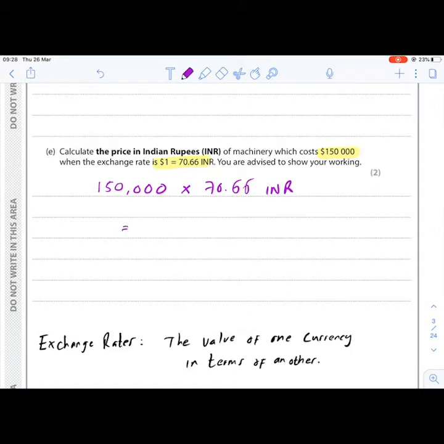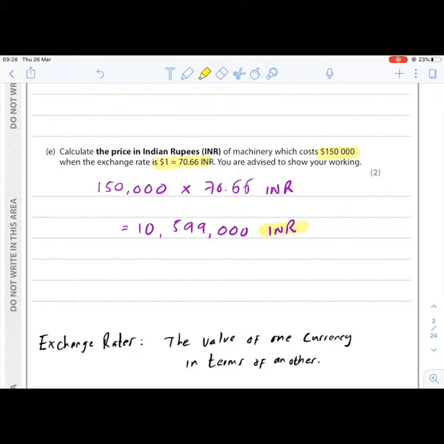Now, you are allowed to use a calculator in the exam. So the answer would be 10,599,000 Indian rupees. Now, this is really important that you indicate what the currency is.